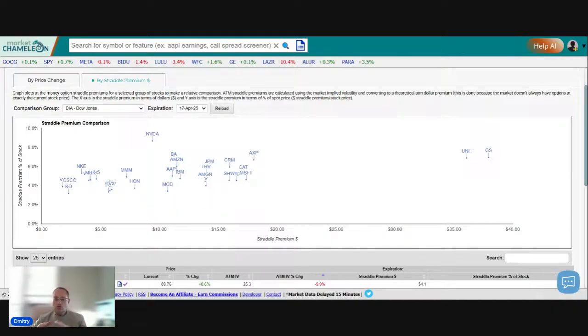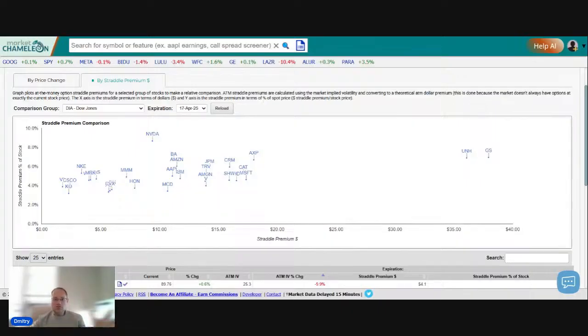It could be useful if you're looking at a group of stocks where you think they might converge and start moving similarly, where some are undervalued and some are overvalued. It's a quick way to visualize the straddle premiums and relative costs within the group that you're analyzing.